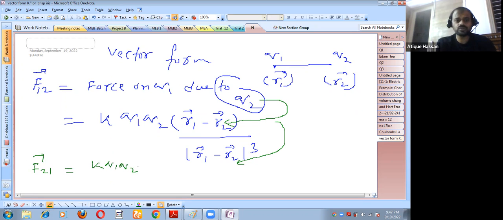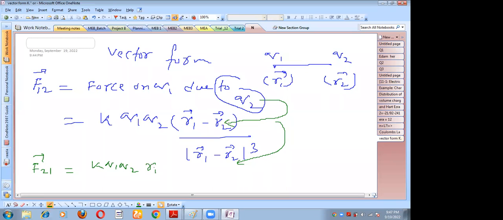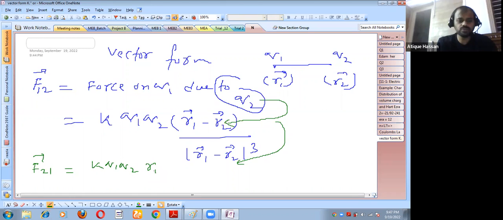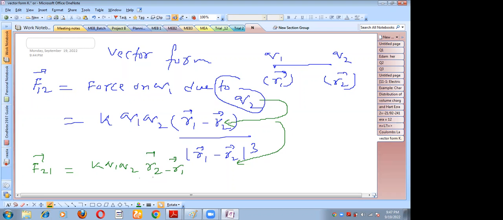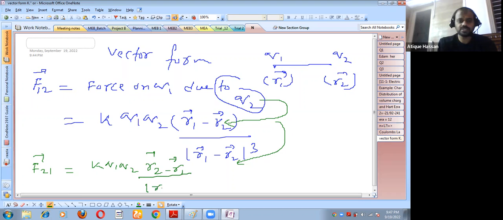K q1 q2 upon mod of r2 bar minus r1 bar. The formula will be reverse, and this can be r2 minus r1 or r1 minus r2. It will not make any difference since it is a modulus. So mod of a minus b or b minus a are the same.